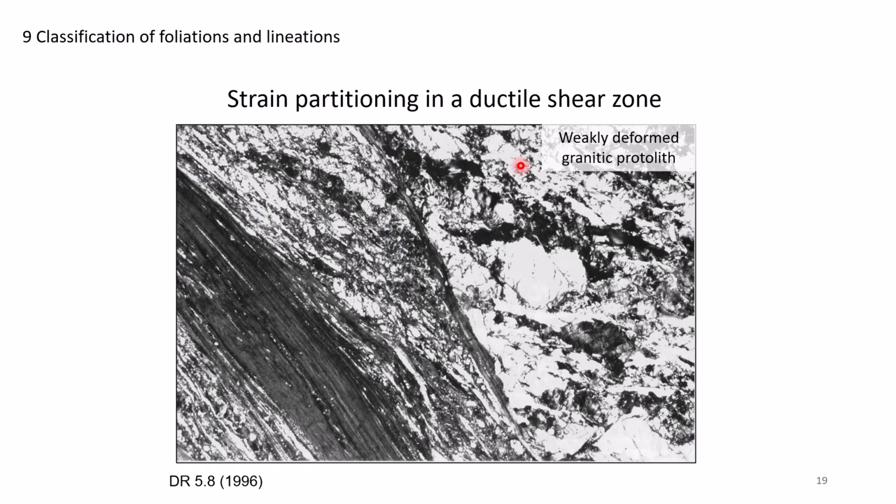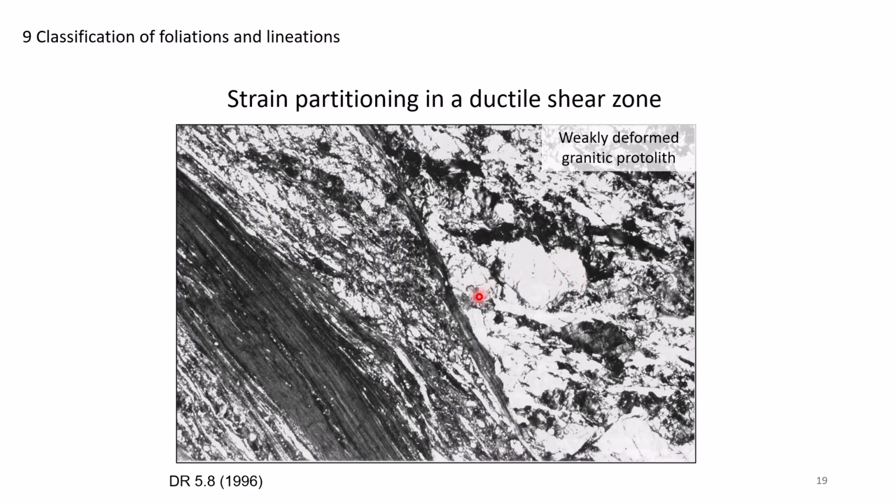Here we see a microscopic image that shows similar features, a weakly deformed granitic protolith with large feldspars. Darker materials are probably oxides and probably biotite. And here we see some foliation, some evidence of deformation, and here an offset feldspar clast.